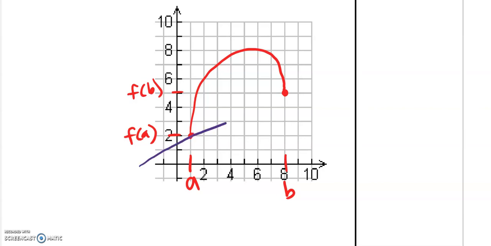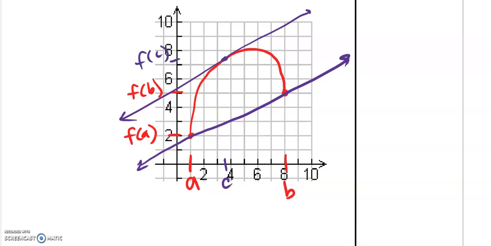So here's this secant line right there. And there has to be a point somewhere in here, maybe about right there, that if I drew a tangent line, the slope would be the same as the secant line. So we're going to identify this as your point c. Okay?